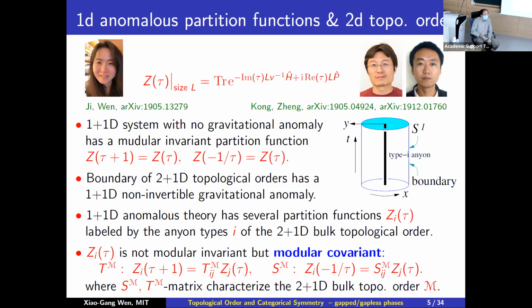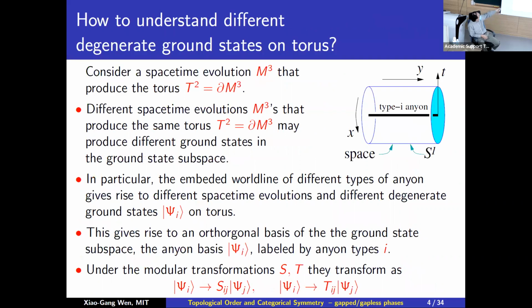In conformal field theory, inserting an anyon in the bulk is like inserting a topological defect line in the boundary. These are the same thing. So that gives you a different sector. Therefore the partition function has many components, and each component is labeled by anyon type. If you compare this picture and the previous picture, it's just exchanging y and t.